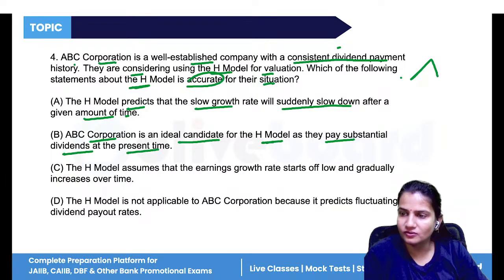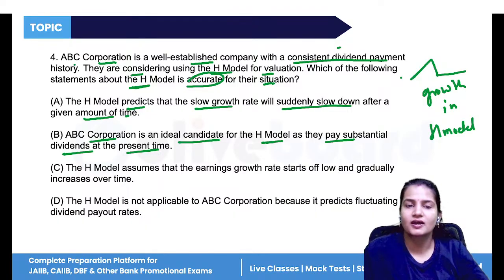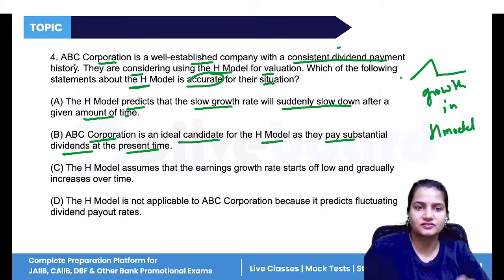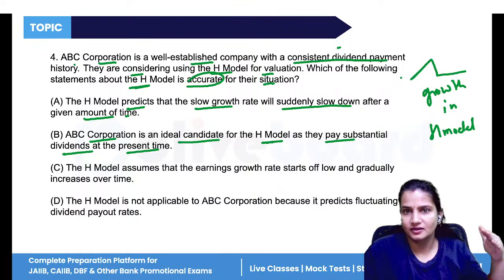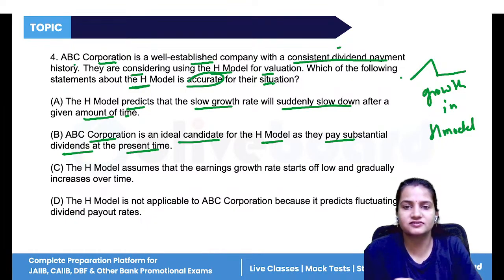Then the growth goes down and continues declining until it becomes stable. So this is the pattern of growth in the H model. So this is how the growth of the company depends upon this H model. It starts high, then it declines gradually, and then it reaches a stable position.